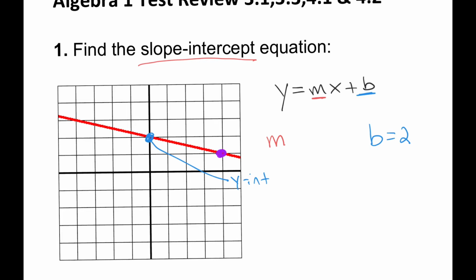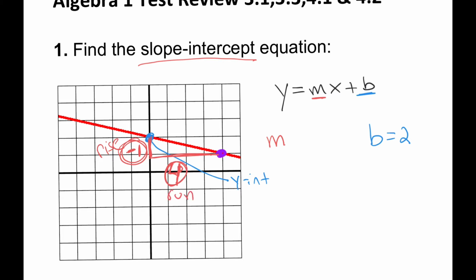And then you guys need to find the rise and the run. So this one, you guys go down 1. So I'm going to say -1 for the rise. I'm going to label that rise here. And then you guys go to the right. 1, 2, 3, 4 steps. So I'm going to put a positive 4 because we go to the right. And that's going to be the run.